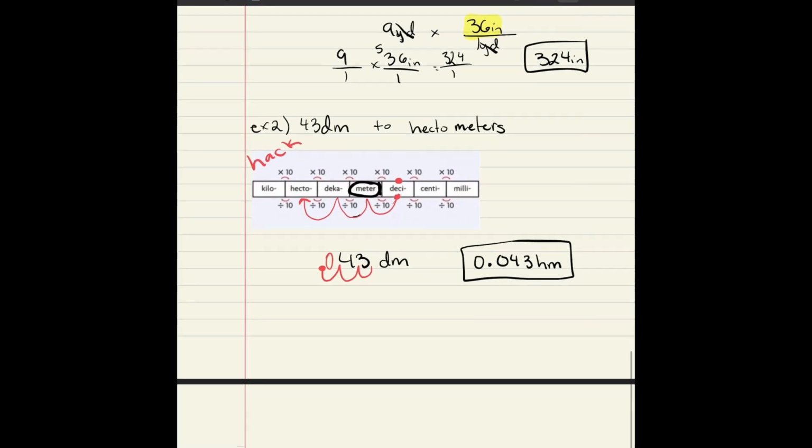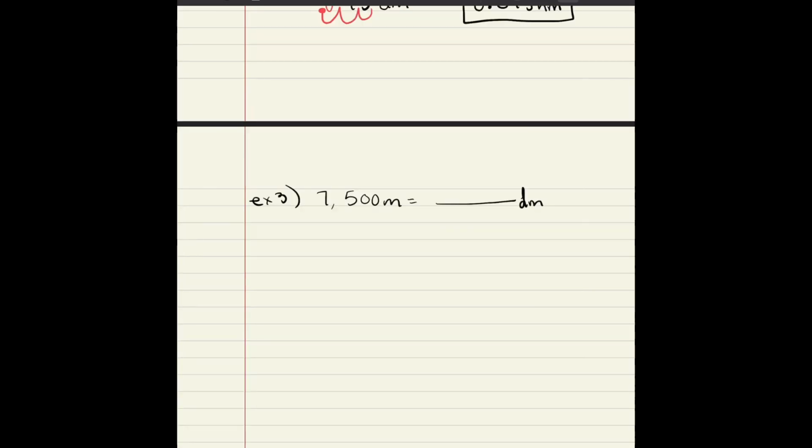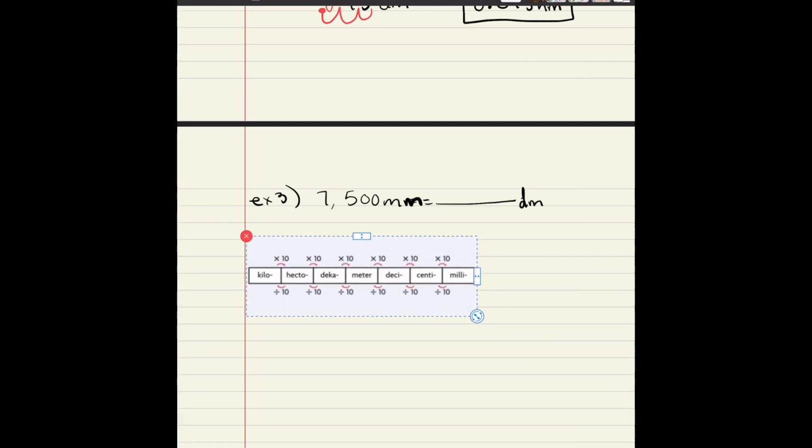So let's do another example. All right, so if we were going from 7,500 millimeter, that is equal to how many decameters? So let's copy again our chart down. So here's the chart, and I'm going from millimeter to decimeter.